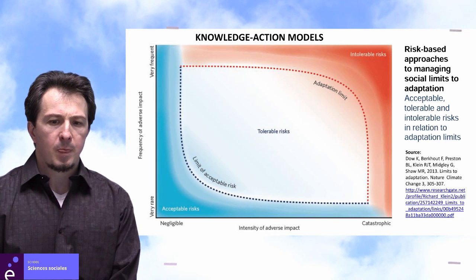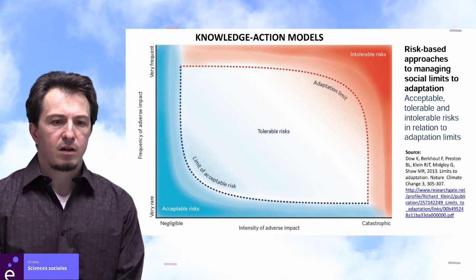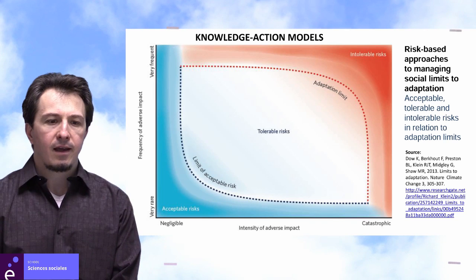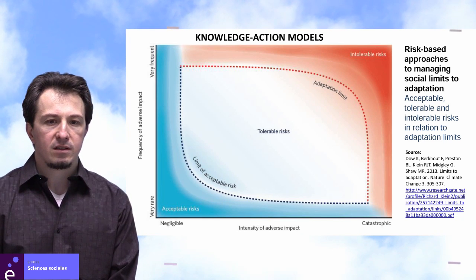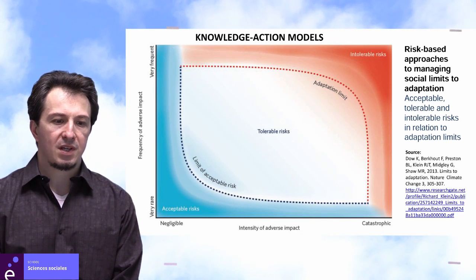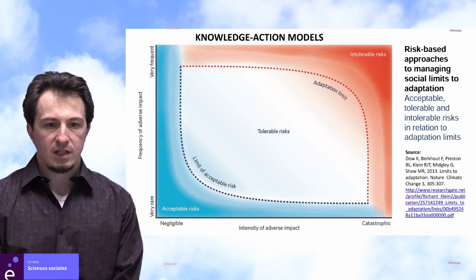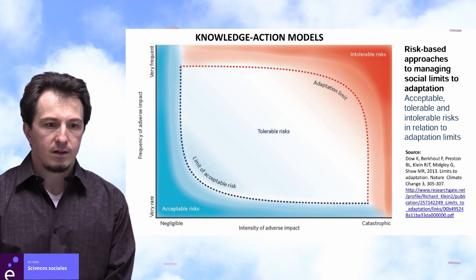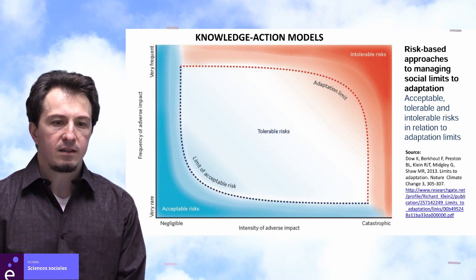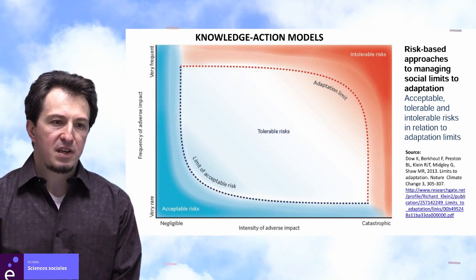This diagram shows a space of options that exists between what you notice as acceptable risks in blue and intolerable risks in red. This is basically your space of options.